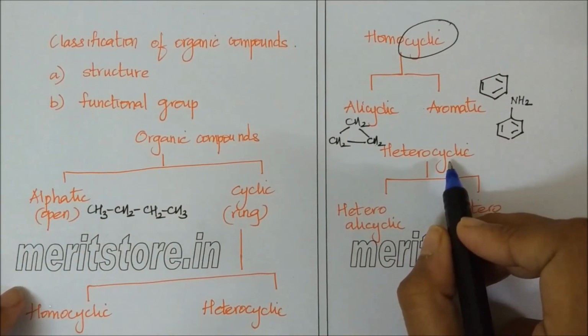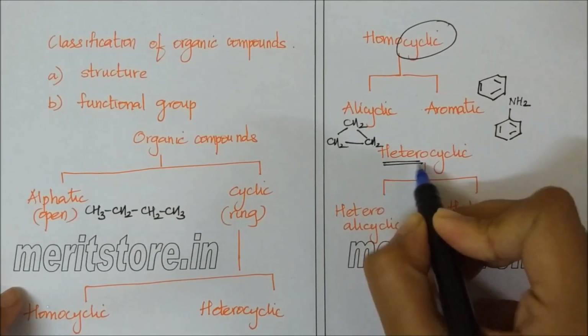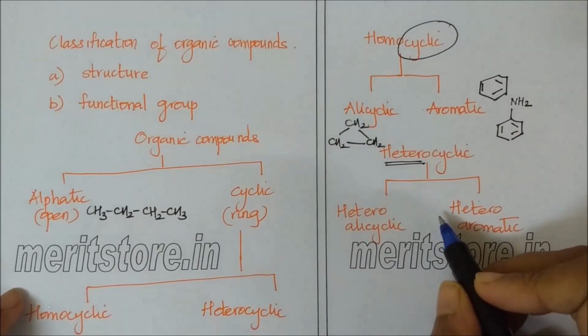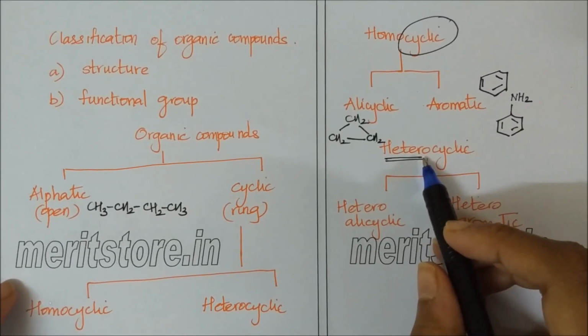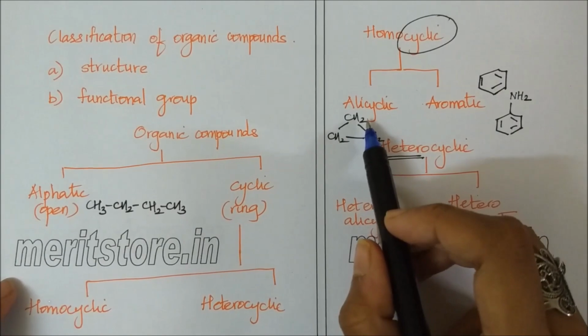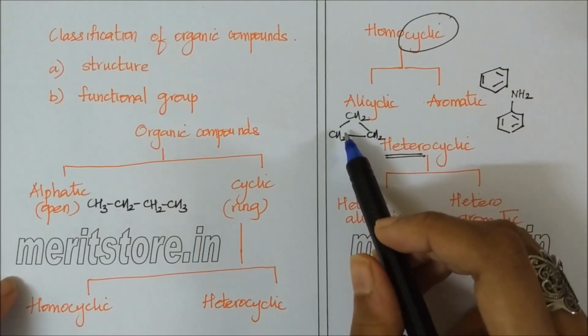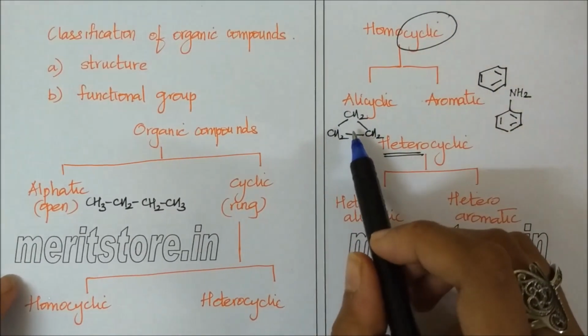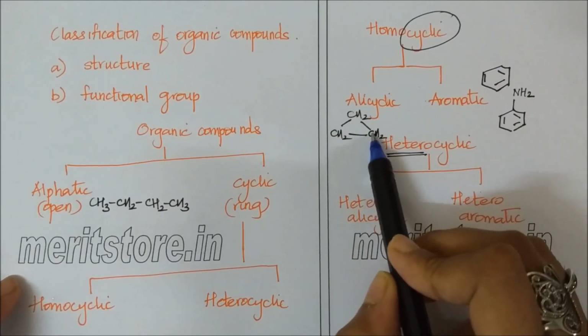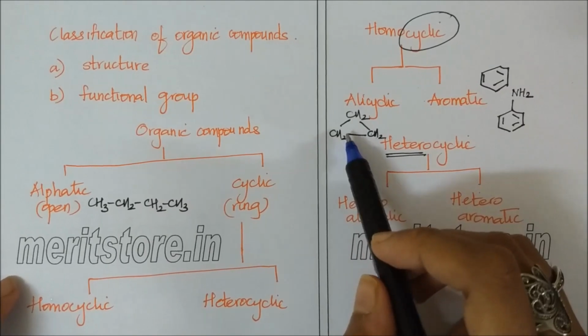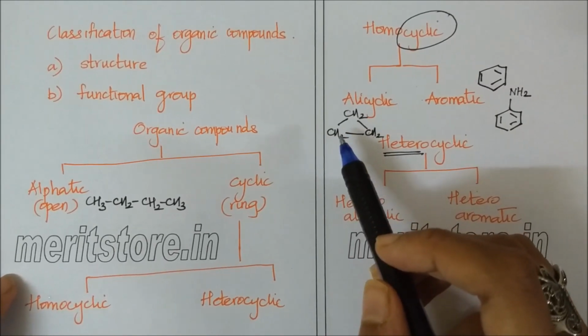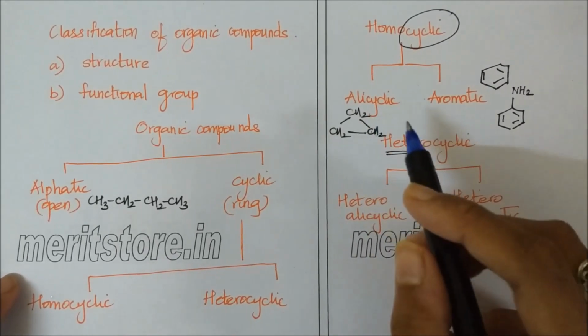Heterocyclic compounds: as the word suggests, hetero meaning different. Hence, these compounds consist of more than one kind of atom. For example, in a homocyclic compound, there are only carbon atoms. In a heterocyclic compound, there can be carbon and nitrogen or sulfur or oxygen.